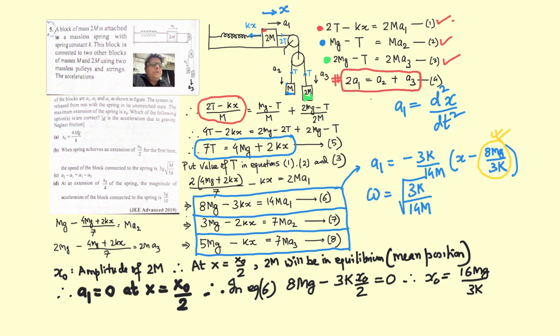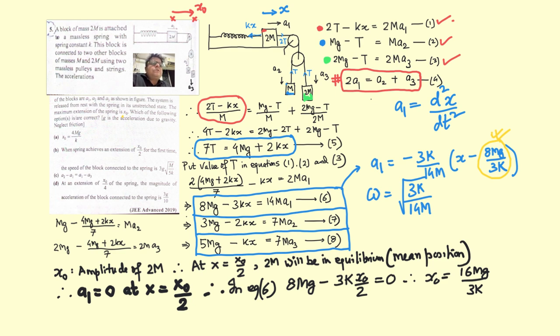So actually you get from the equilibrium position, see, you have been given that the maximum extension of the spring is x naught. That means x naught is twice the amplitude, because the block starts and goes up to x naught, so extreme to extreme is twice the amplitude.